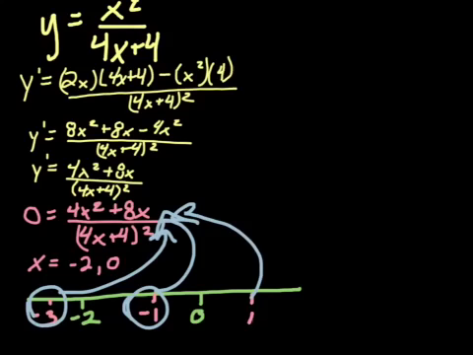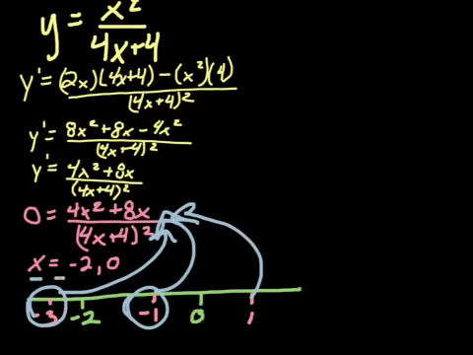So -3, 4 times -3 squared, which is a positive, plus a negative, which is a negative, over a negative, negative.